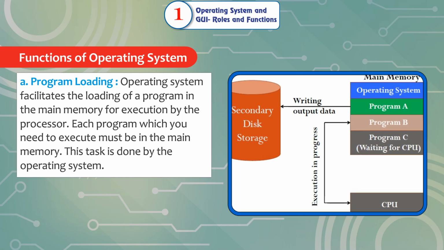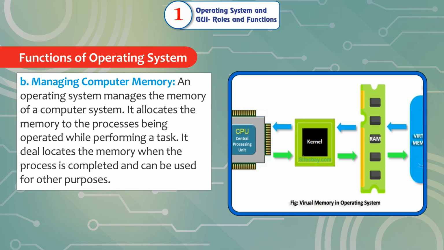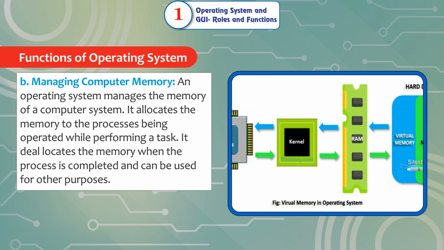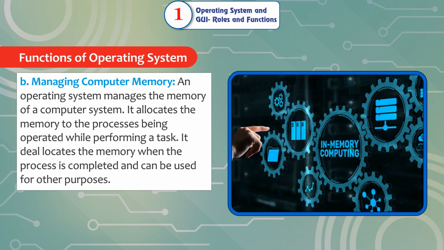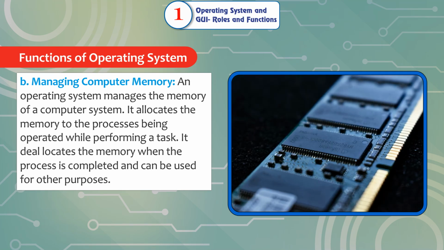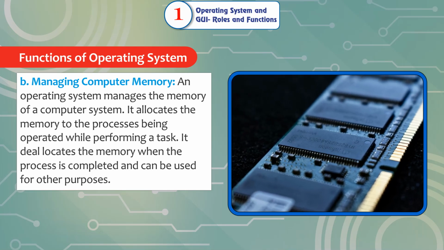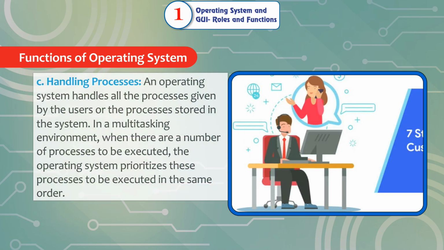This task is done by the operating system. B. Managing computer memory. An operating system manages the memory of a computer system. It allocates the memory to the processes being operated while performing a task. It deallocates the memory when the process is completed and can be used for other purposes.